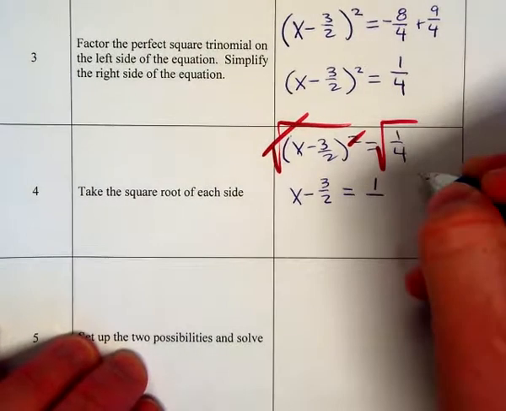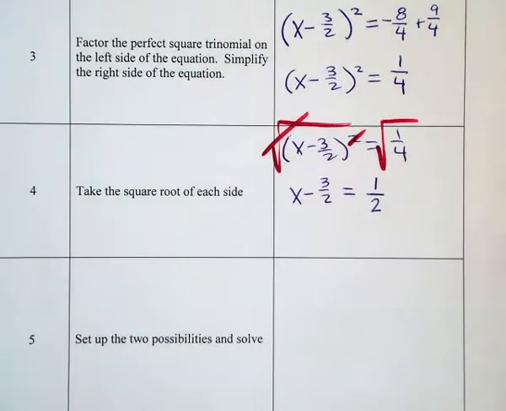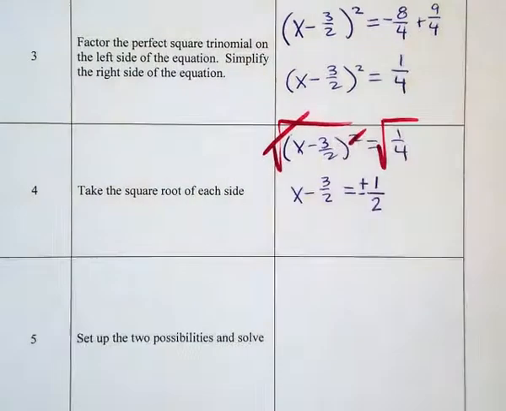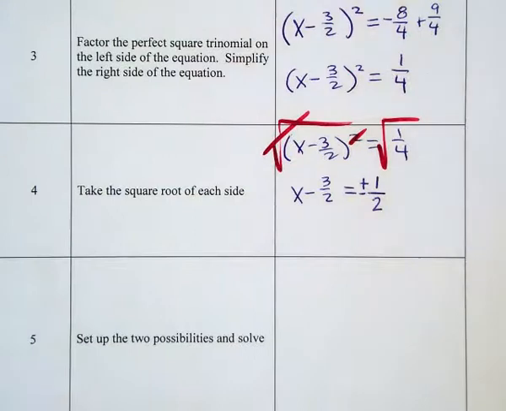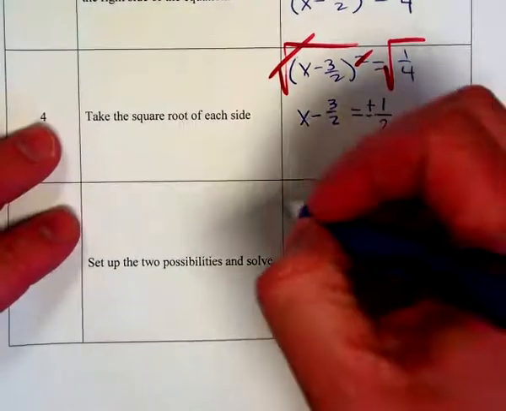What's the square root of 4? 2. What am I missing? That's the one. Plus or minus. Remember, square roots give us 2 options. Now, I know this still doesn't look simplified, but it is. And let me show you in the last step how this actually is an easy process.